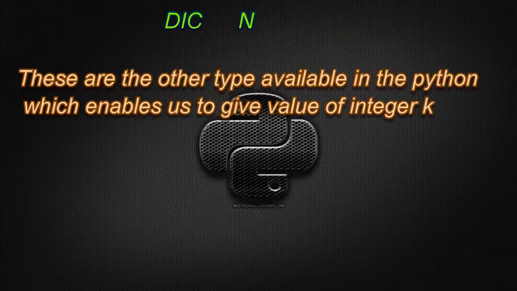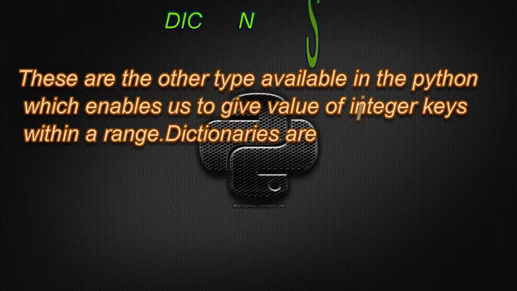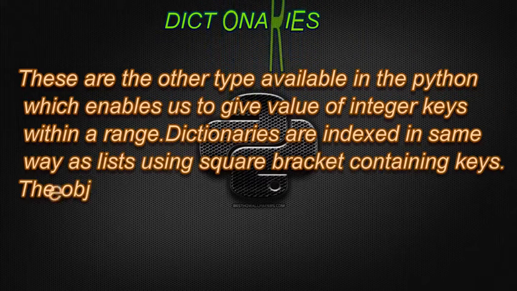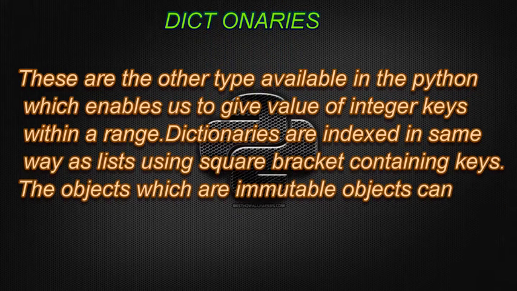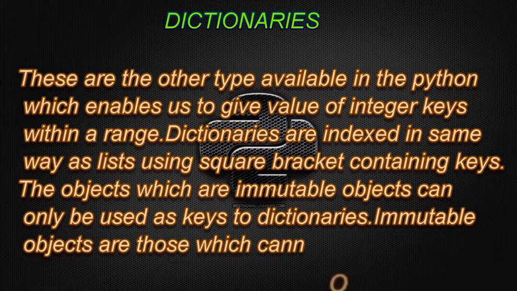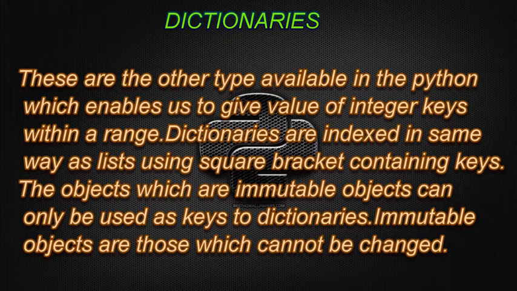Coming to the very first topic, that is dictionaries. Whenever we are talking about dictionaries in Python, they enable us to use keys. Basically, what is a dictionary used for? Dictionaries are similar to the lists that we use in Python. In a list, we declare some words, and on those words we display a message or a character.